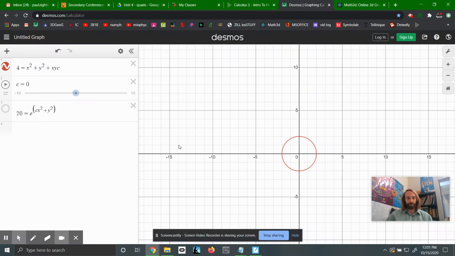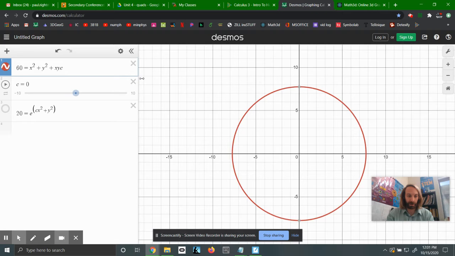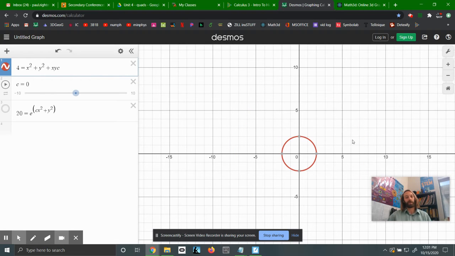So let me go back here. I got this level curve, and I just made z equal 4 in this case, but if you change it to 6 or 60 or whatever, you're just going to get different size circles here.